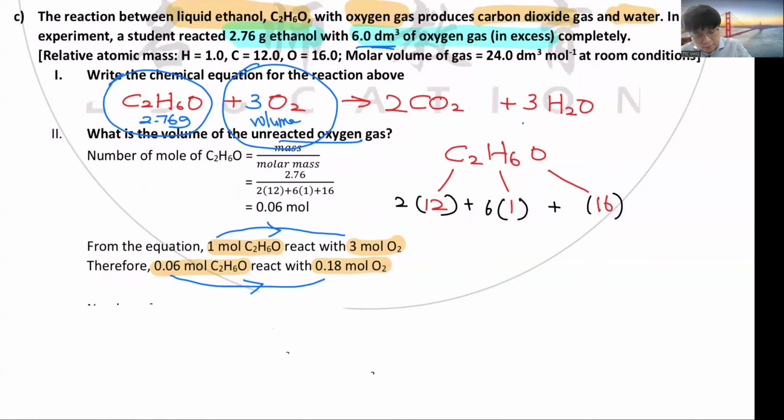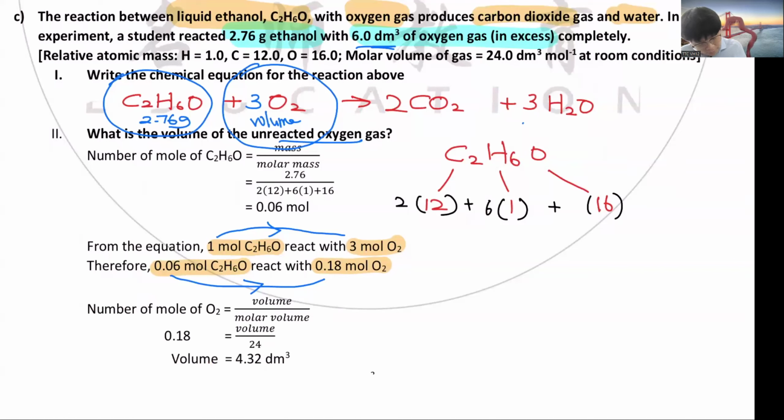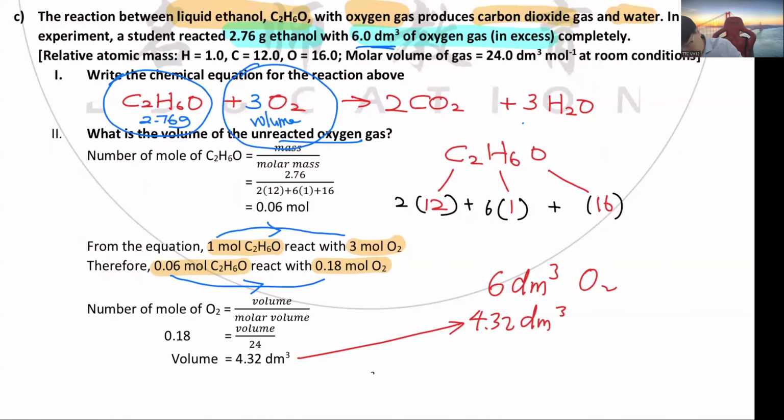Yeah, then after that, you get the volume. Now, once you get this volume, it's not your final answer because he has 6 dm cube of oxygen gas. Then you use 4.32 dm cube of oxygen gas.